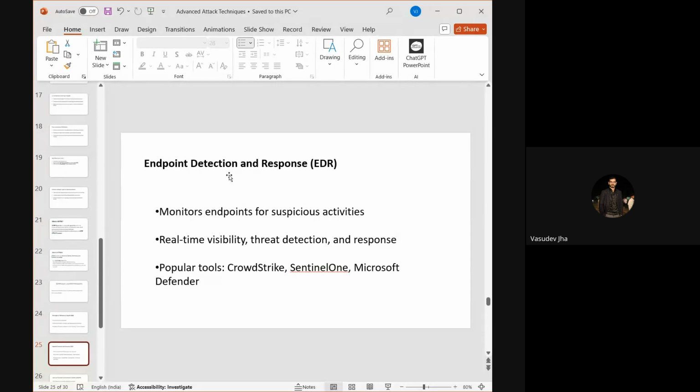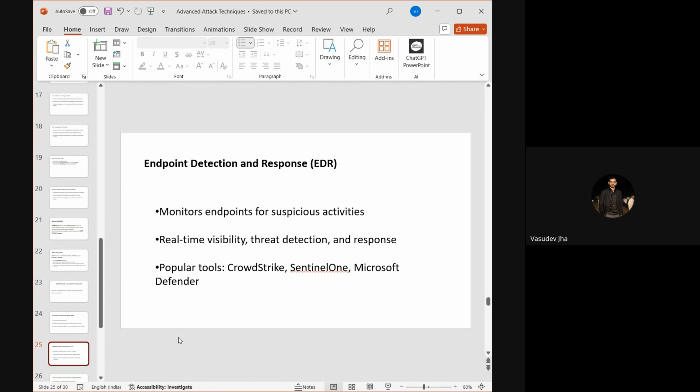Then endpoint detection and response, basically EDR. It monitors endpoints for suspicious activity with real-time visibility. Whenever we have any kind of attack, the first line of defense is our endpoint device. If we implement a good EDR system, it is going to monitor all the endpoint devices for suspicious activity. For example, in the internal network, usually we are not implementing that security control; we are just securing the endpoint.